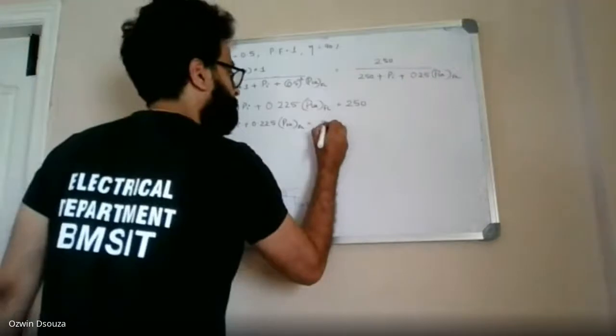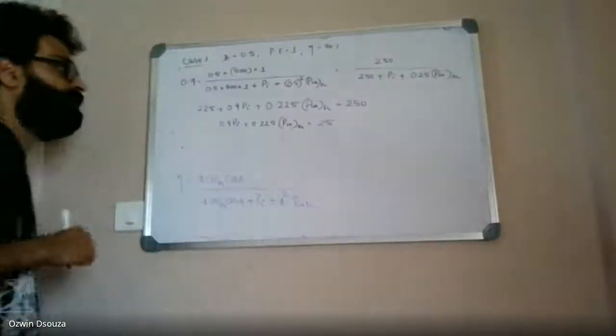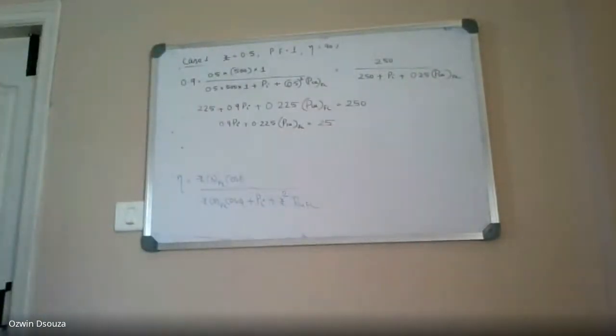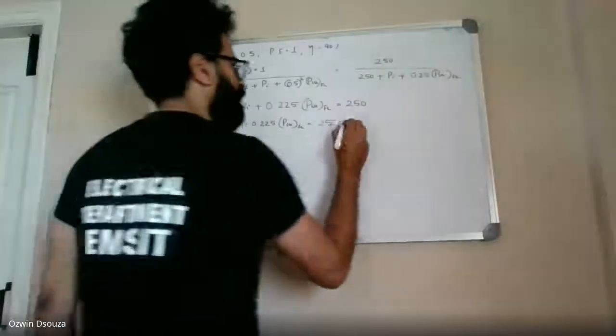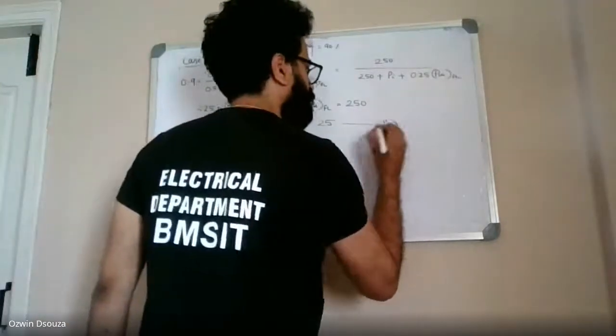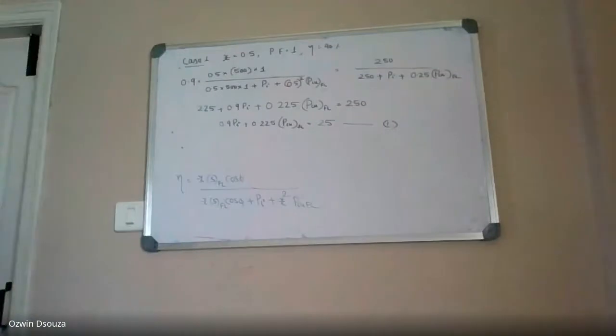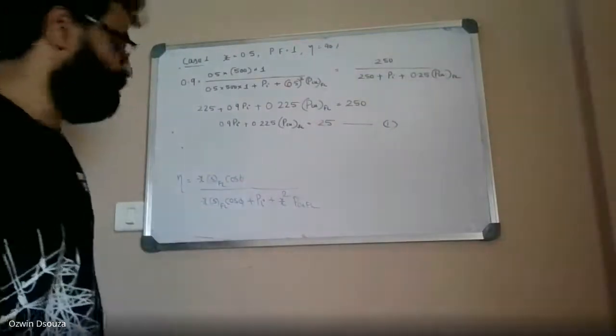So that's 25. Okay, so this you can take as equation 1. So this is your first simultaneous equation.